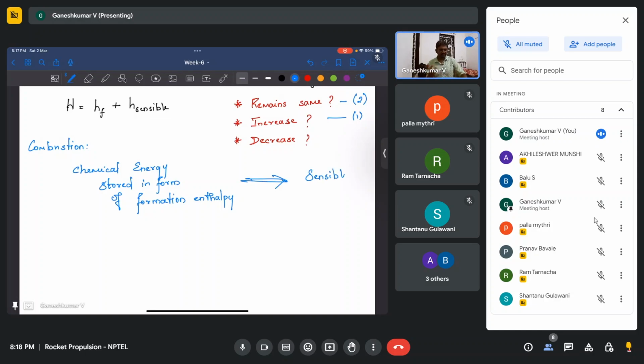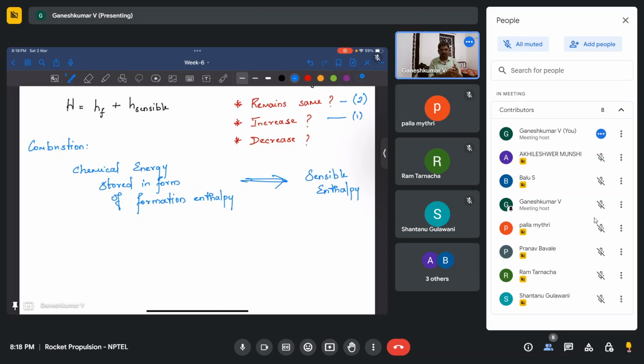Sensible enthalpy is something we can feel. It is associated with the temperature rise. So if the temperature rises, you can feel that enthalpy also increases. That is the sensible part of the enthalpy. So basically you are converting the formation enthalpy to the sensible enthalpy during the combustion.